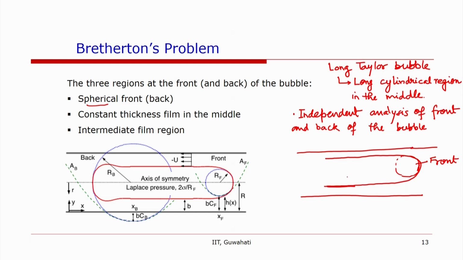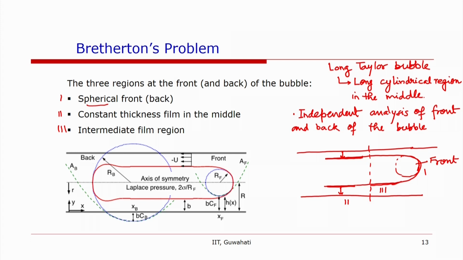Then this region, I have not been able to draw the films to be the same, but they are the same here, as we are considering an axisymmetric bubble. So the constant thickness film region. So this is 1, this is 2, and the main region of interest is 3.